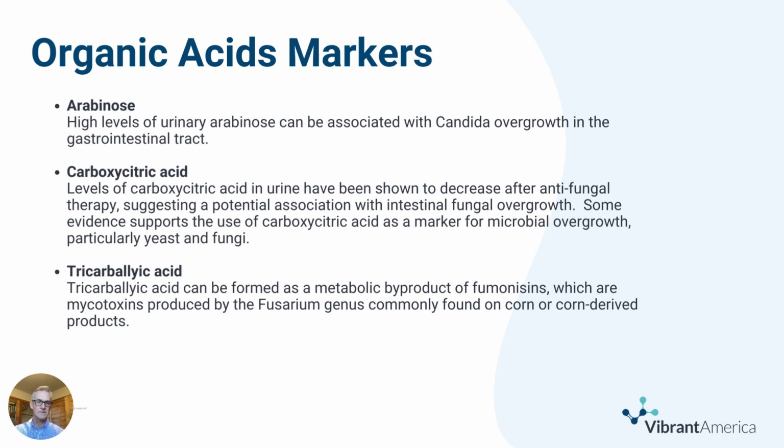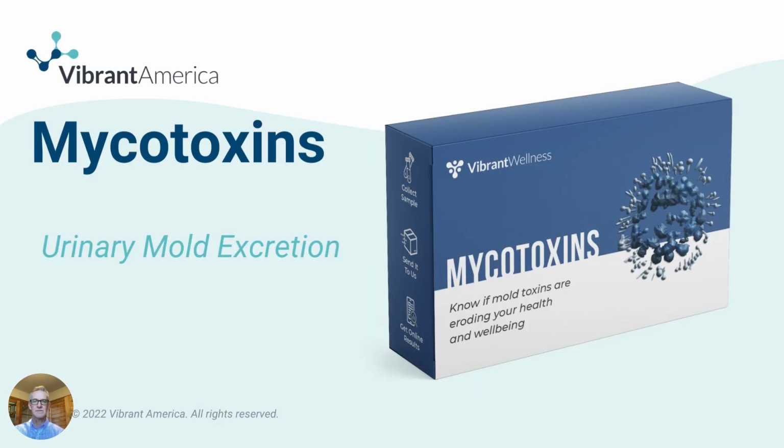So you can also get this from consuming animal meat that has been contaminated with that as well. So you've got 9 markers on the organic acids test that can help point you in the direction of whether you've got dysbiosis, whether you've got a fungus, or you've got Candida. And again, say it again, use this as a complementary test with something like the Gut Zoomer or maybe the Candida antibodies. Okay, last but not least, the biggie is the mycotoxins test.